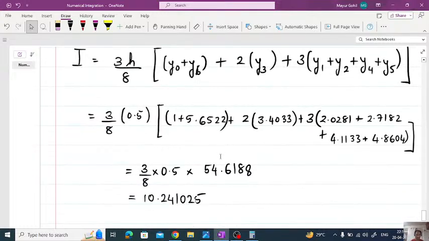Yeah, that's correct. Yeah, 10.241, and whatever I have got, it is correct.